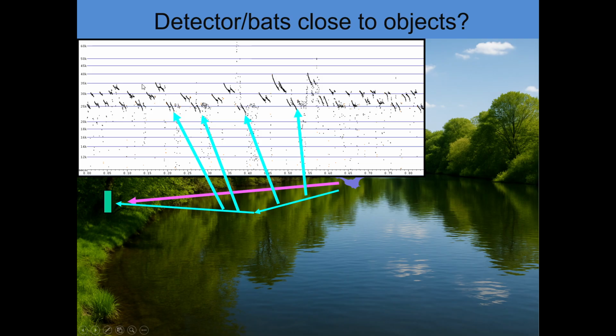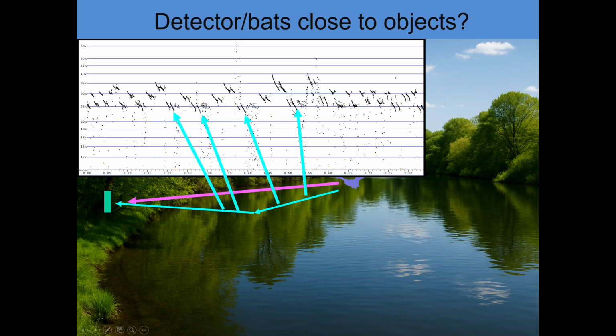And if you're not aware of that, you'll see these calls very close together and in pairs like this. Oh, the bat's emitting two very quick pulses, then another two very quick pulses. No, if you measure the time between them, you'll find the bat probably is not going to be able to echolocate that fast.